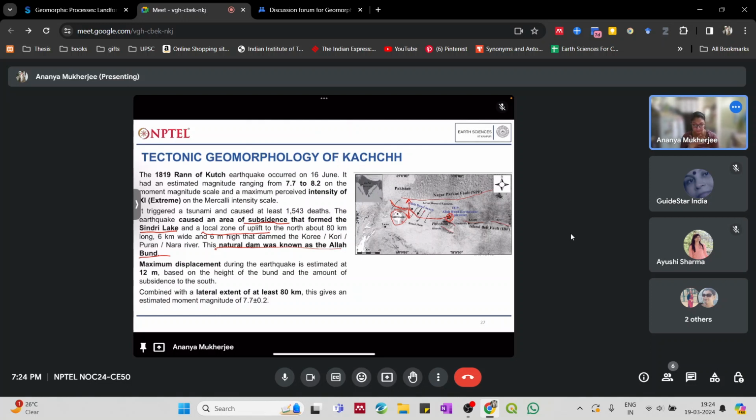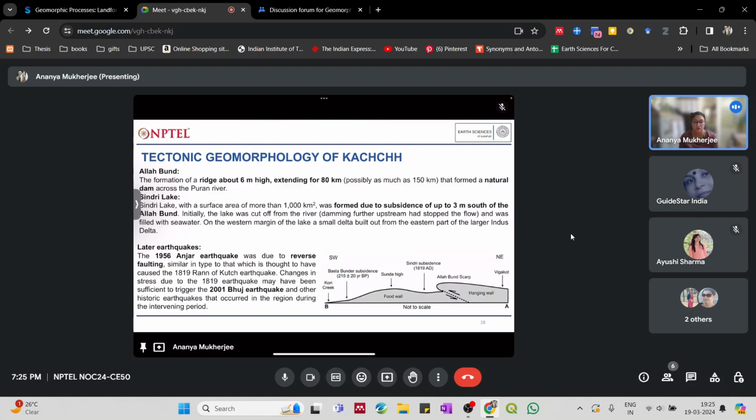The on-surface displacement that was later estimated by studies was around 12 meters, which was related to the height of the bund as well as the amount of the subsidence that was noticed in the south of this scarp. So this Allah Bund became, as you can see over here.